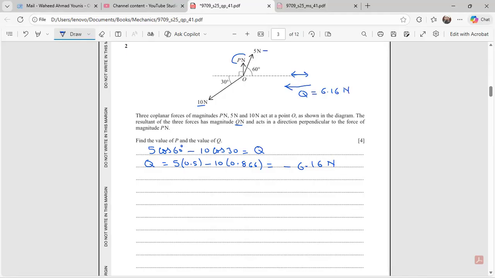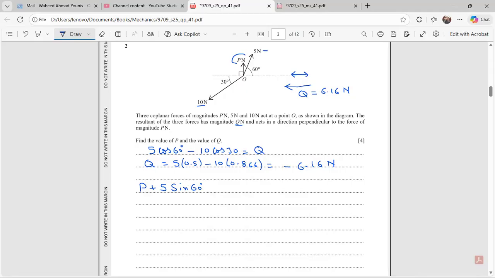Okay, now let's talk about the vertical forces. So the vertically upward force is P Newton plus 5 into sine of 60 degree.